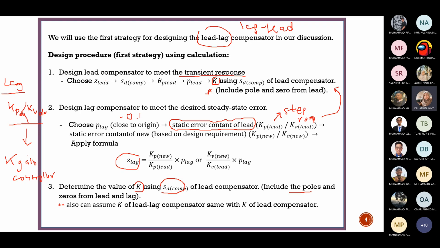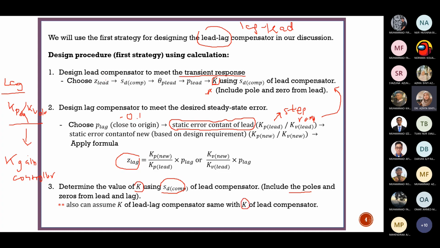Also, we can assume that the K of the lag-lead compensator is the same as the K of the lead compensator. Sometimes you don't have time to calculate the K for the lead compensator, so you can just assume that the value of K of lag-lead is the same as the K of lead compensator.